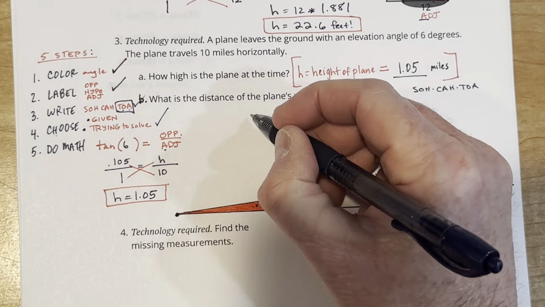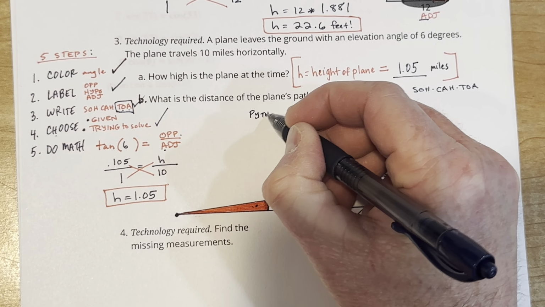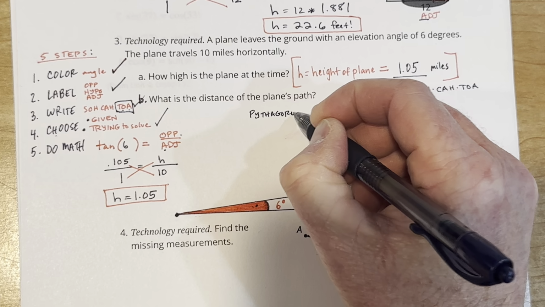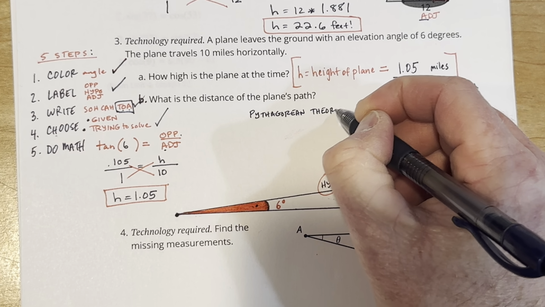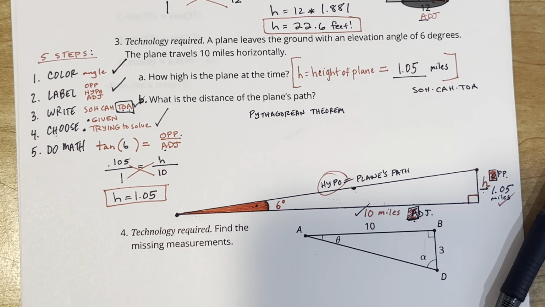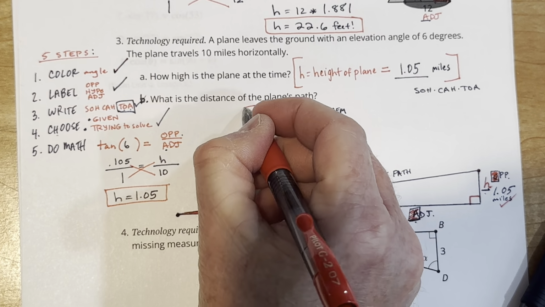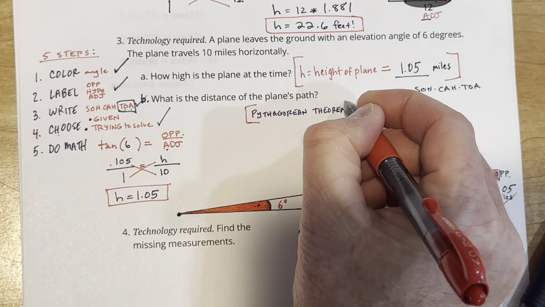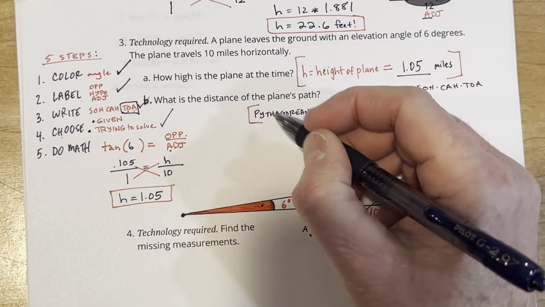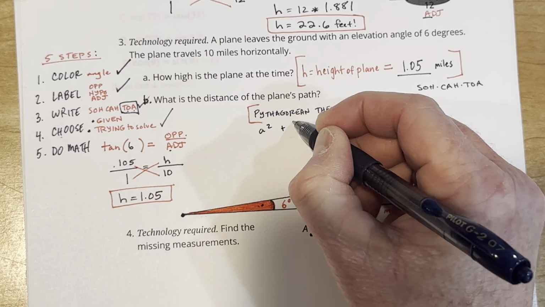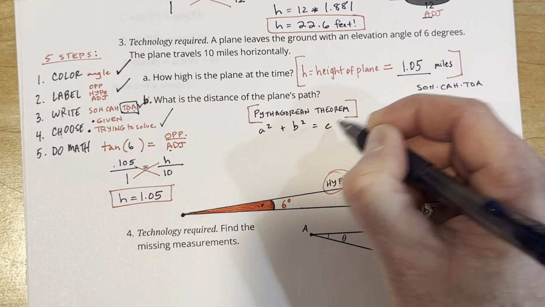Therefore, just run Pythagorean theorem. You should know that by now. A squared plus b squared equals c squared.